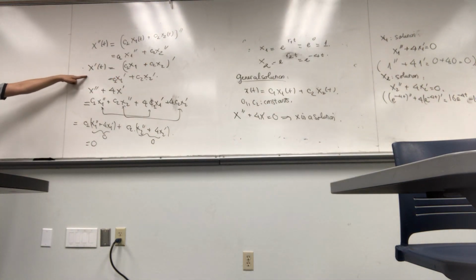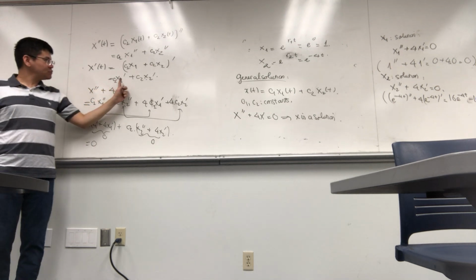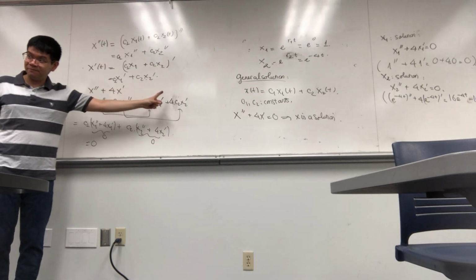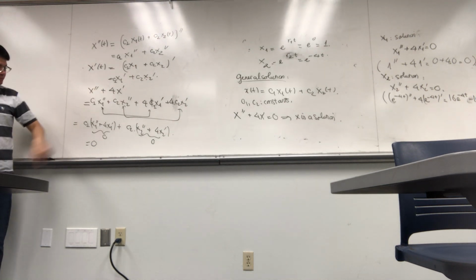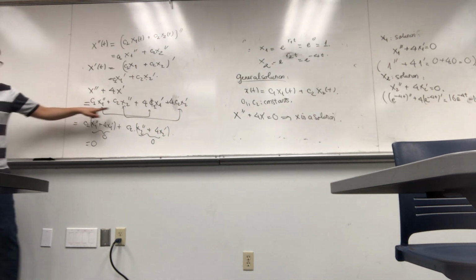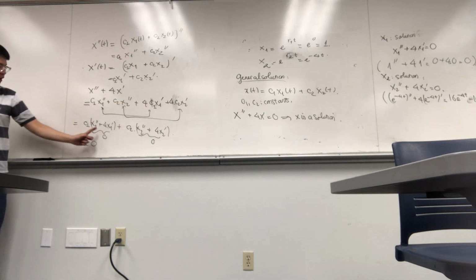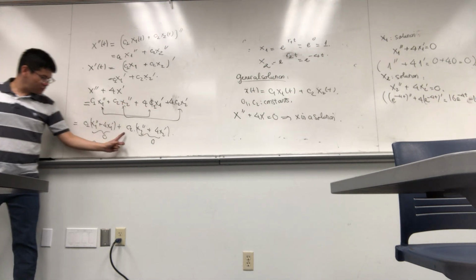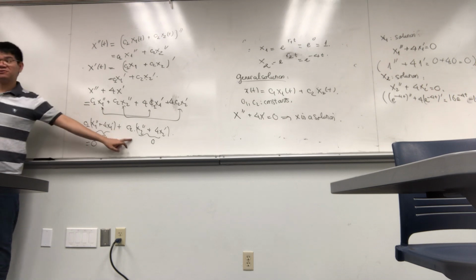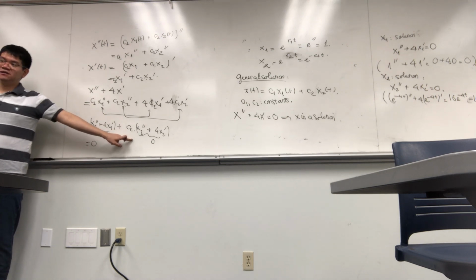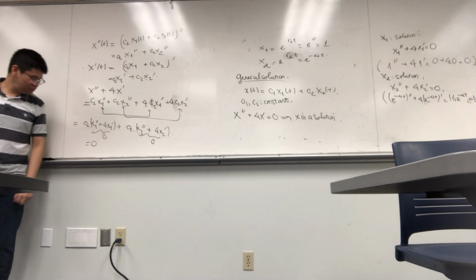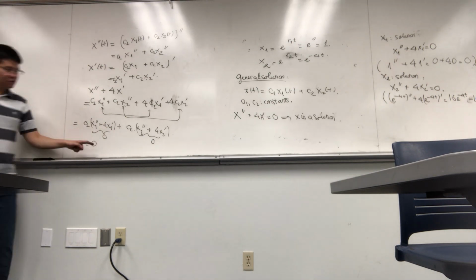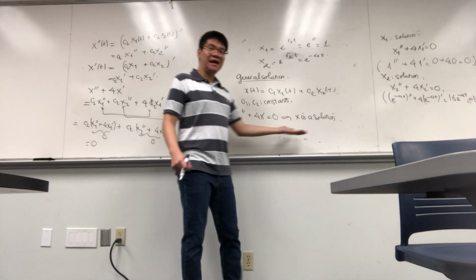The first derivative of x becomes C1 x1' plus C2 x2'. Now you take x'' plus 4x', and this is what you get. You group all of the x1 and all of the x2. You see that C1 and C2 are outside. They don't have any special effect on the equation. So this is still 0 and this is still 0. So the sum is still 0, which means that x is a solution.